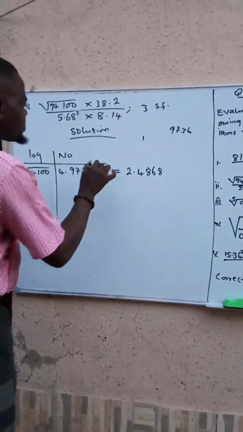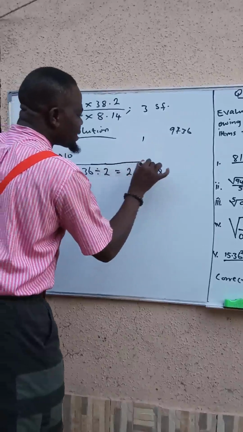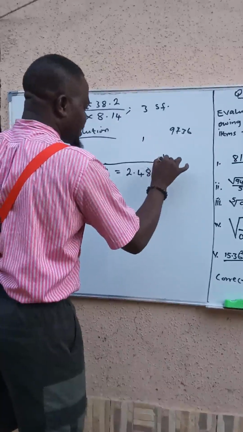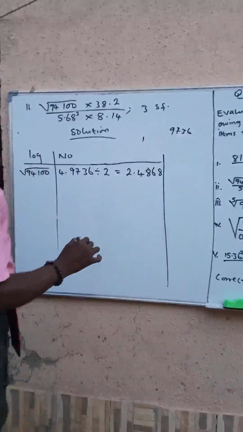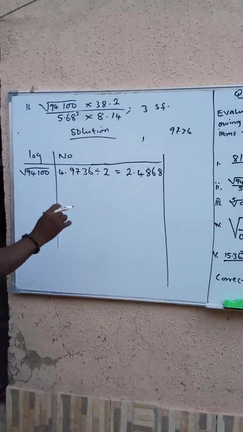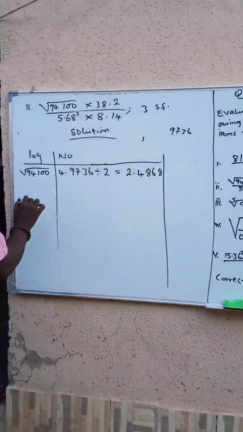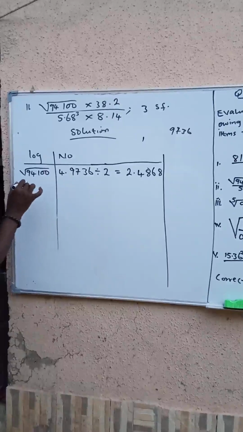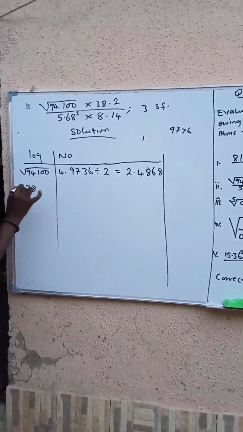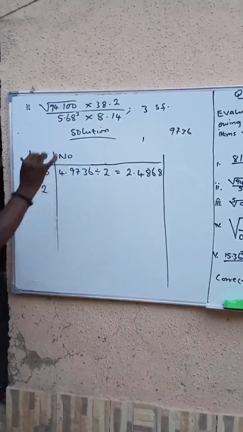Good. Now, because this thing has extended to this side, you have to draw your line and draw this. So you now bring the second one. The second one is 38.2.